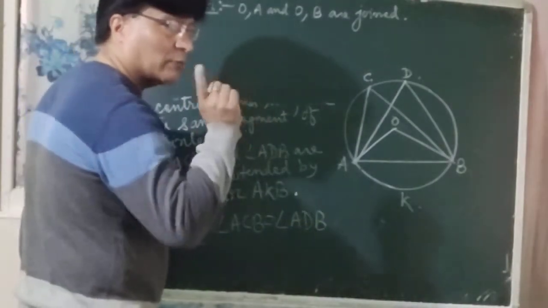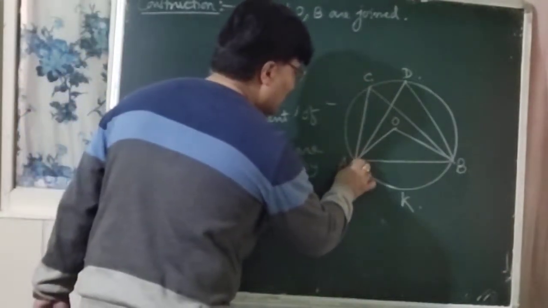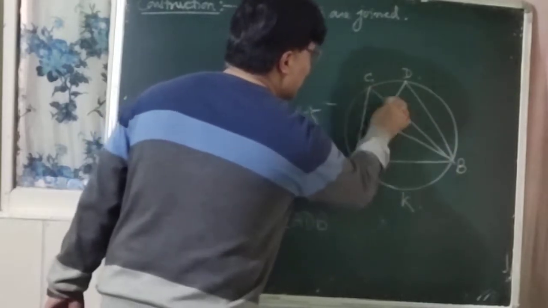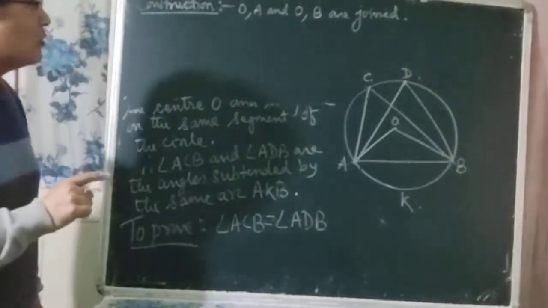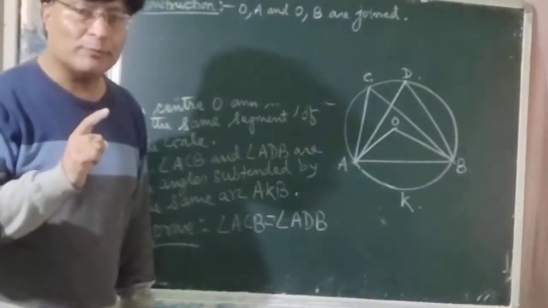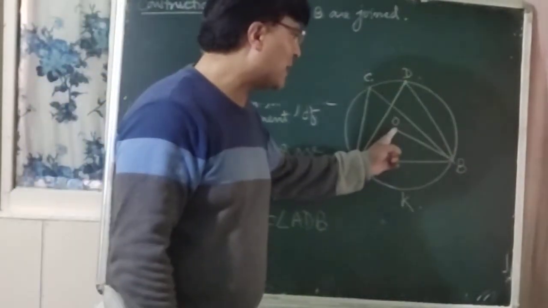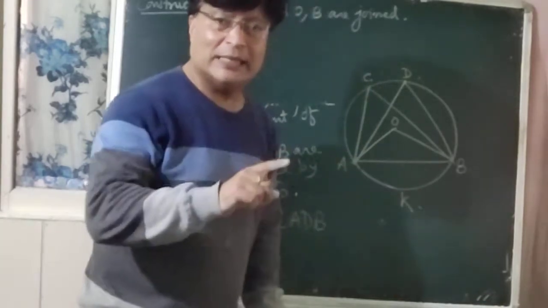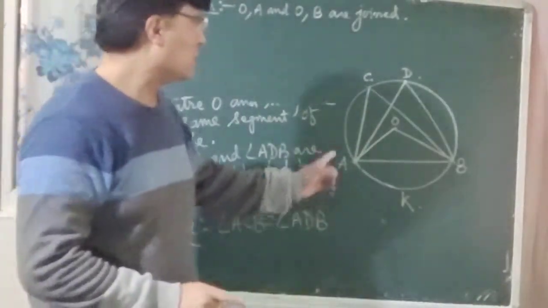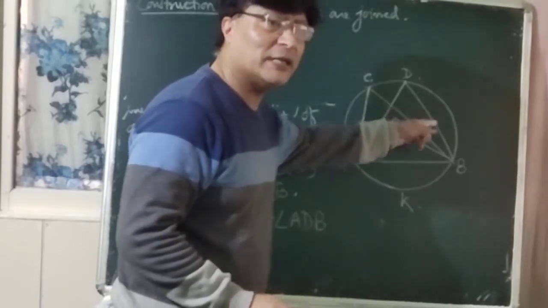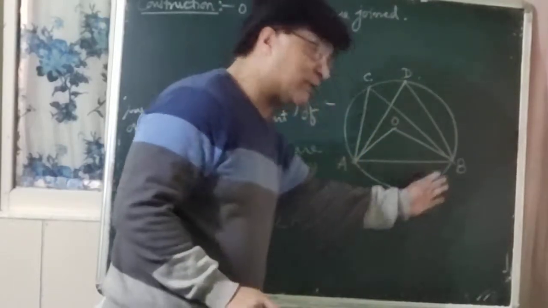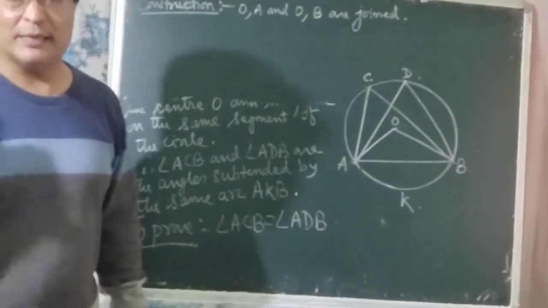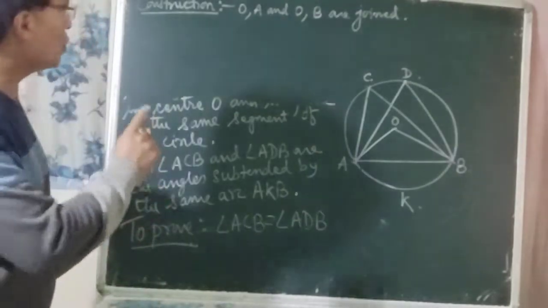From the previous theorem, you can write that angle AOB is equal to twice angle ACB. Just now in theorem 3, we proved that the angle subtended at the center O of the circle by an arc is twice the angle subtended at the remaining part of the circle by the same arc AKB. Is that clear?